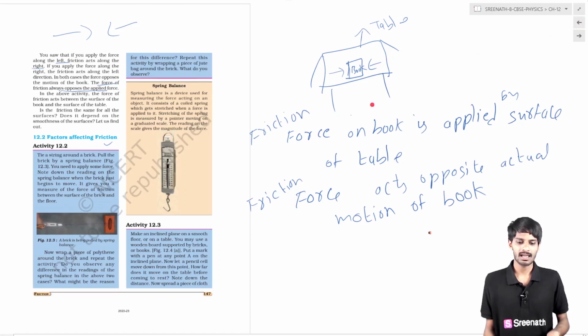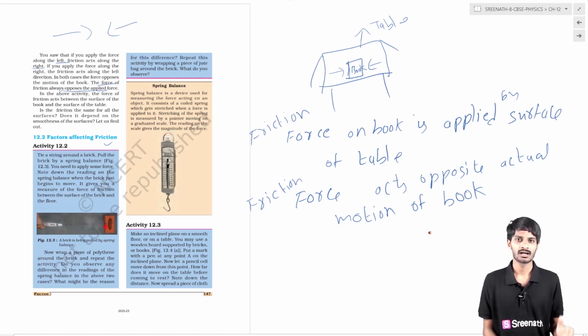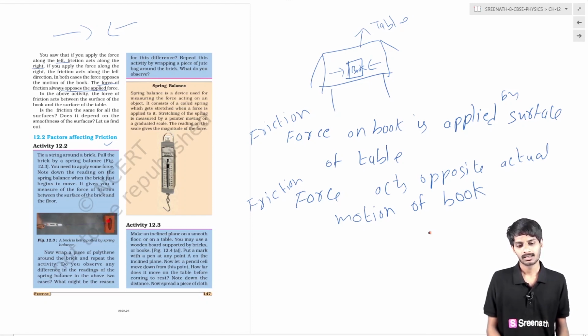In this case, previously without polythene, there was no smooth surface and there were more irregularities. That's why the friction force is more, and we have to apply more force to pull it. But when you wrap it with a polythene cover, the irregularities are covered and decreased, so a small force is enough to pull that brick.